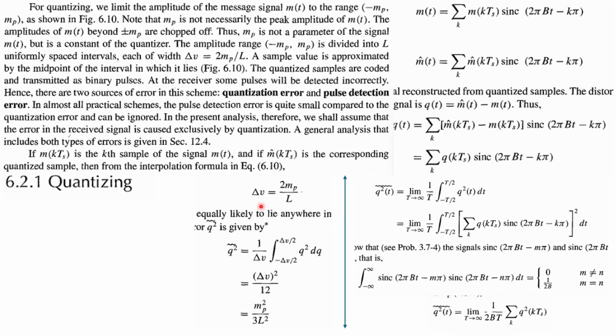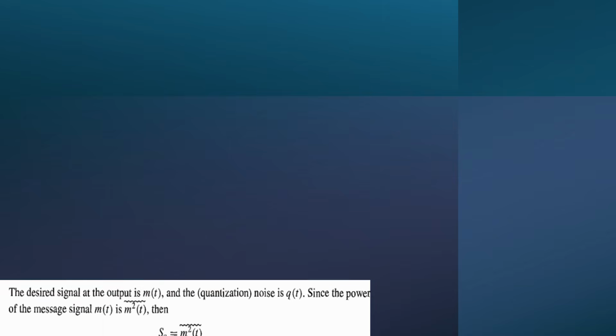Further, if you solve and put in the value of del v, that is twice mp by L, you will get del v squared divided by 12. So the final value is mp squared by 3L squared. So this is q squared, that is the error, that is the noise, right? So the noise you can write as mp squared divided by 3L squared.